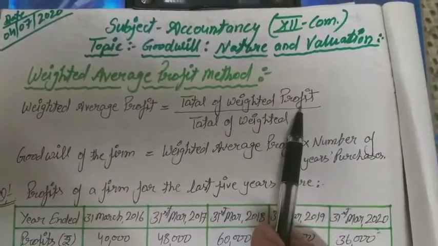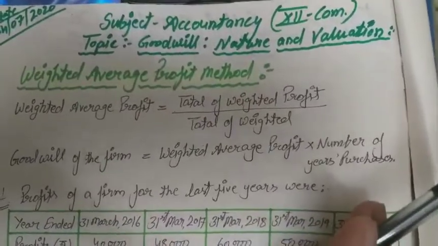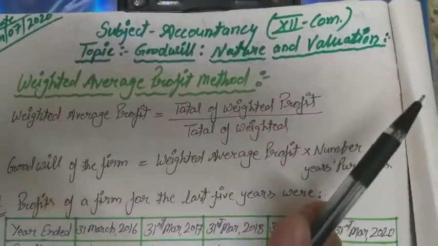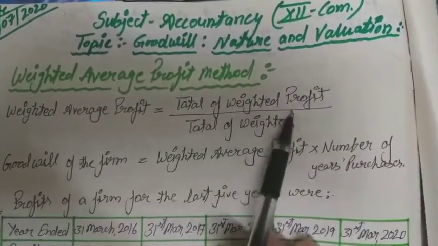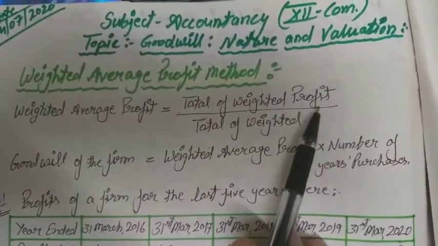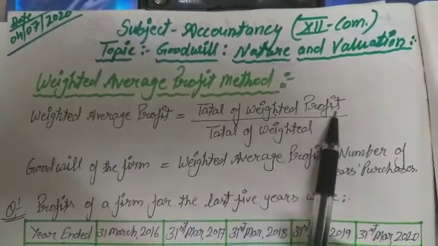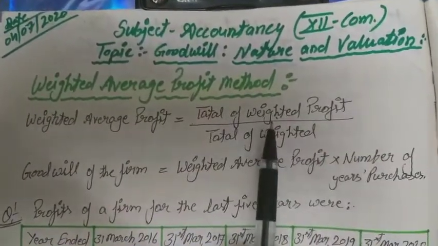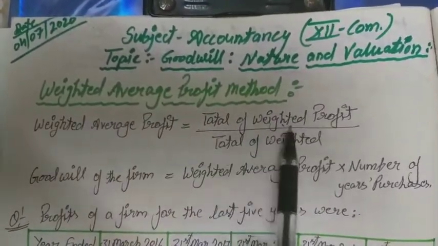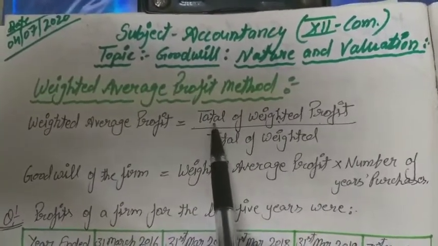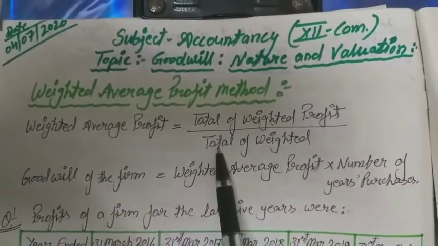Total of weighted profit means the product of the weight multiplied with the profit, and the total of these products is the total of weighted profit. After multiplying the weight and the profit, whatever the total sum will be, that total sum we show as the numerator. The numerator is that total of weighted profit, and the denominator is the total of weightage.